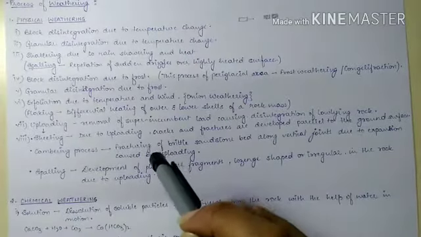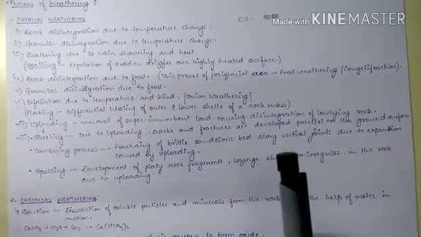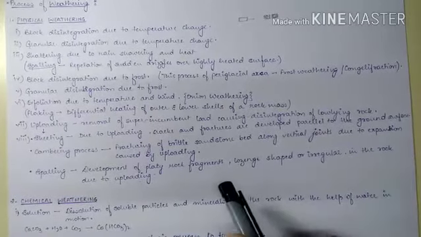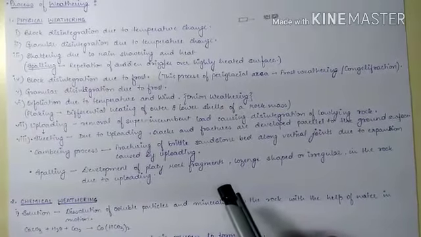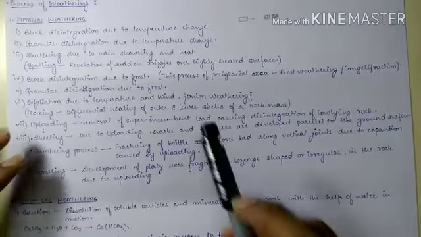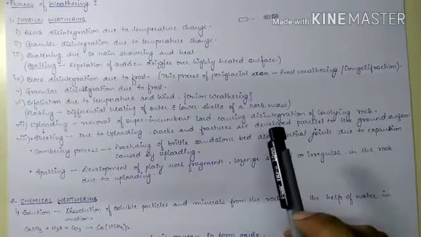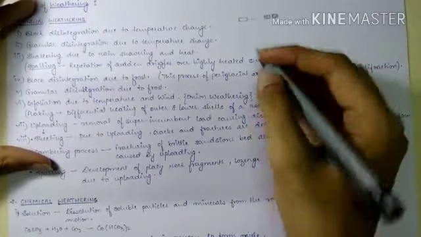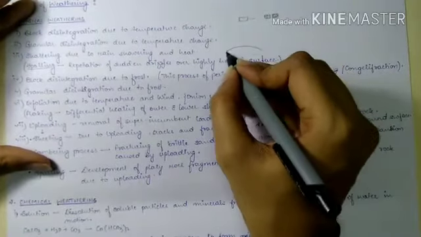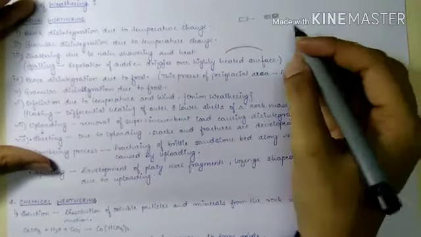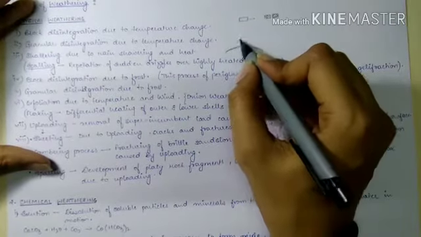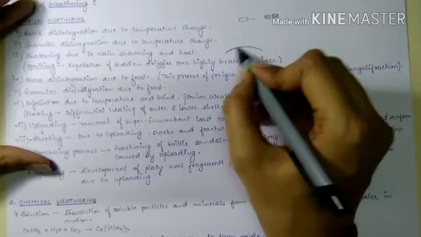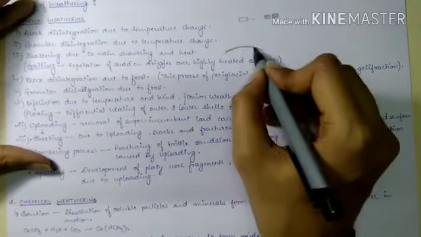In granular disintegration, coarse grained rocks are formed because of shattering. Now what is shattering? Shattering is when a heated rock suddenly gets rainfall, and because of the rainfall the rock gets cooled down.